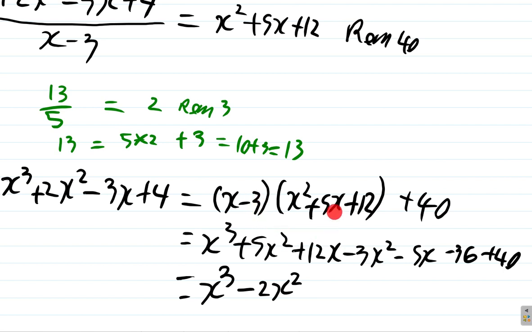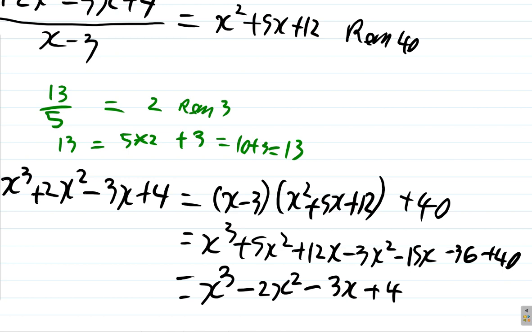Negative 3 by 5 is negative 15. Negative 15x it should have been. Mistake. Negative 3 by 12, negative 36. Alright. So the 12x minus 15x gives us a negative 3x. Right. Negative 36 plus 40 is a positive 4.